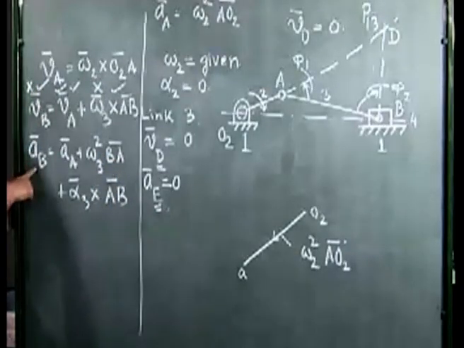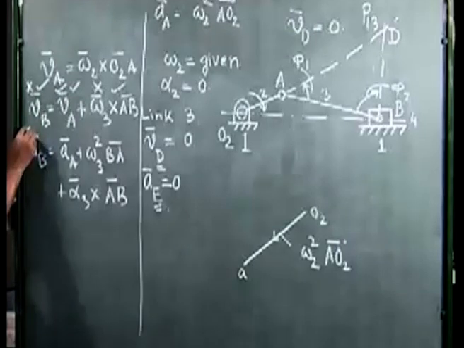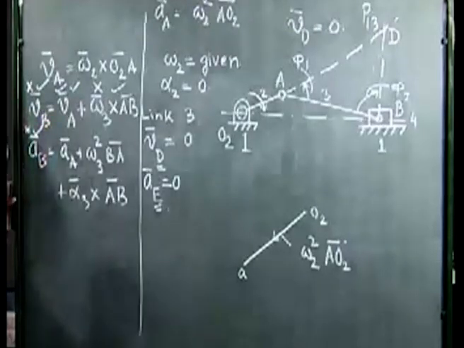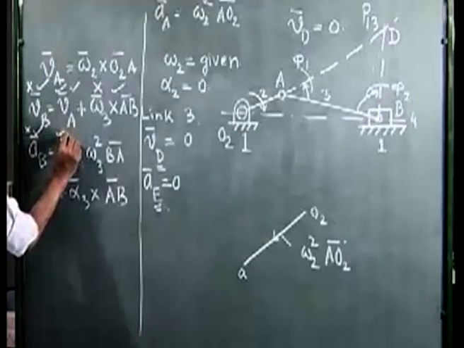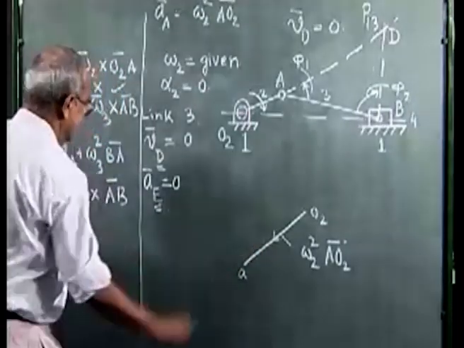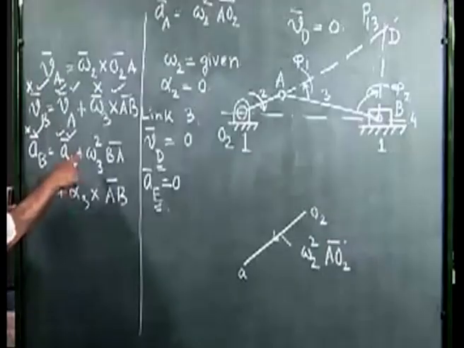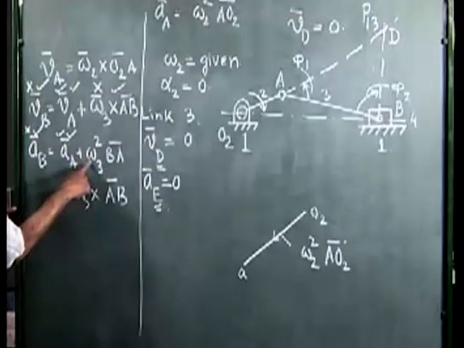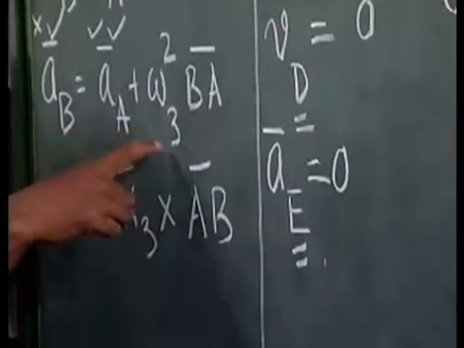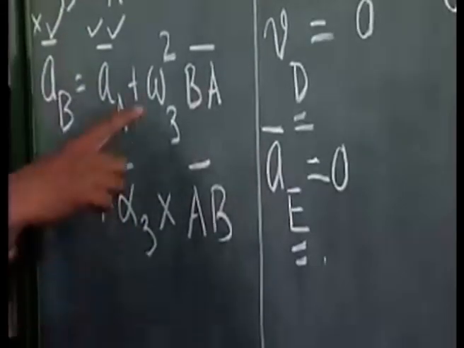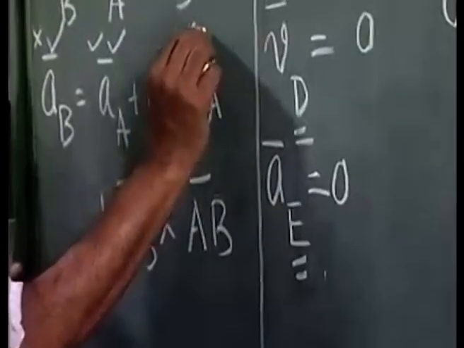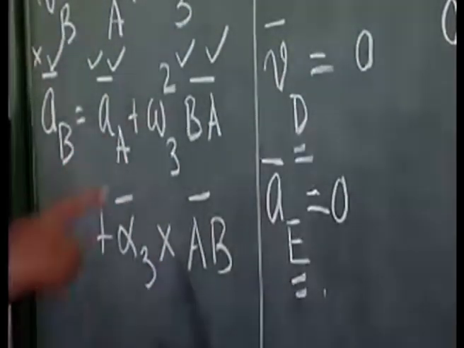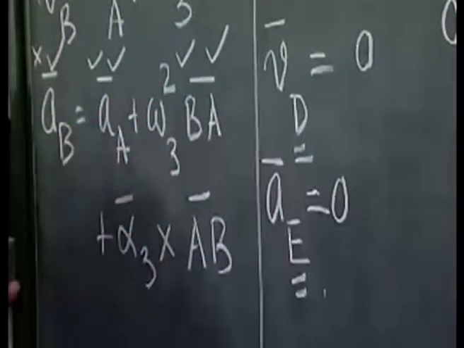So as far as acceleration of B is concerned, we do not know the magnitude, but I know the direction, which is horizontal. Acceleration of A is completely known and we have already drawn it here. From the velocity analysis, we have already determined omega 3, that is the angular velocity of link 3. So omega 3 is known, BA vector is known, so this vector omega 3 squared BA is completely known.